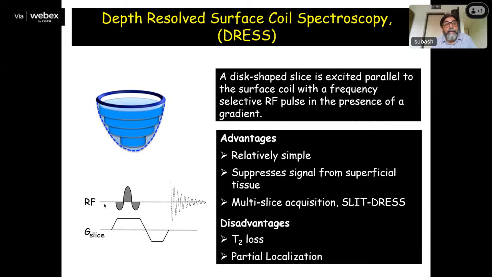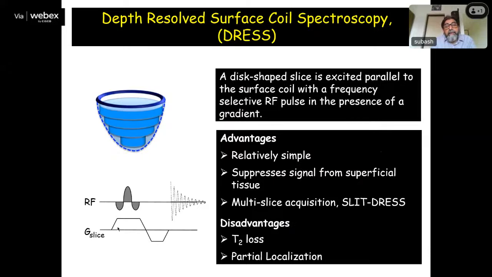So what we do is apply a radio frequency 90-degree pulse with a slice-selective gradient. So we are selecting only a slice, and then we take signal from one of these slices. So it's a very simple sequence. But if you want to select a very small region, now you will be acquiring signal from the whole slice which you have selected.